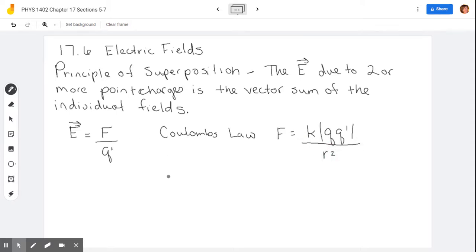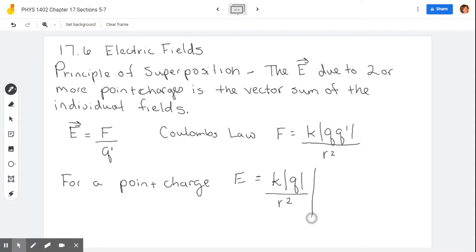If I divide by Q prime, I end up getting that for a point charge, the magnitude of the electric field, this doesn't give us direction, is just this force divided by Q prime, so it's K, absolute value of the charge, divided by R squared, okay? We know that the direction is going to be outward in all directions from a positive charge and towards a negative charge.